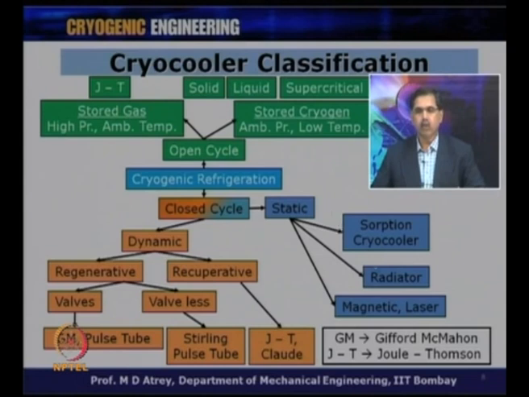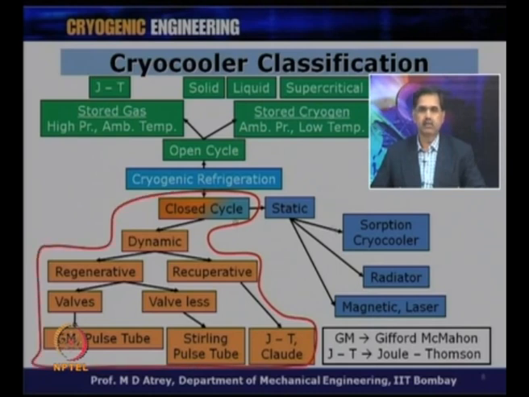No part in this case is moving, and therefore, you get maximum reliability. The only thing is that sometimes the cost is very high, or the system could be less efficient. As far as this module is concerned, we are going to talk about this third quadrant, whatever has been enclosed here, in this module on cryocoolers.